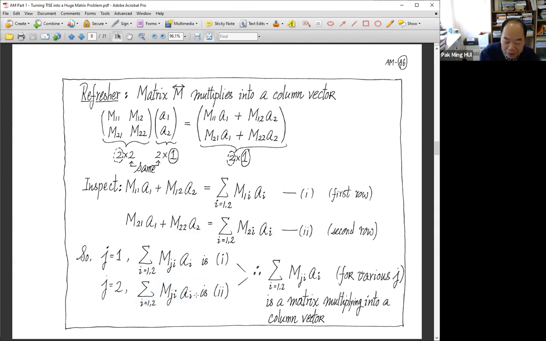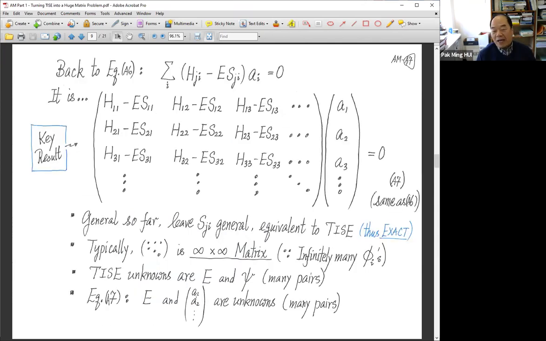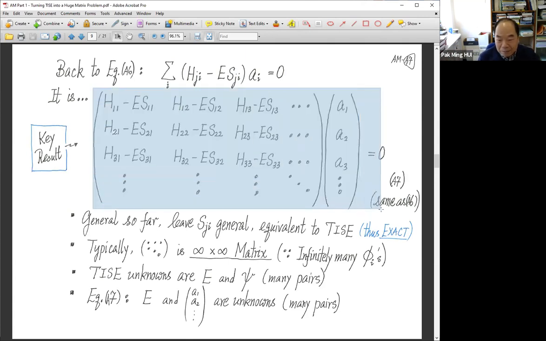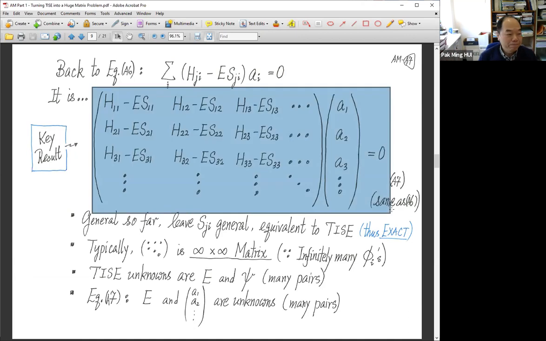All right, so now let's go back. We have this equivalent to the Schrödinger equation. Okay, now if we write it in the long form, it is this big matrix problem. I have nothing to explain because it is identical.